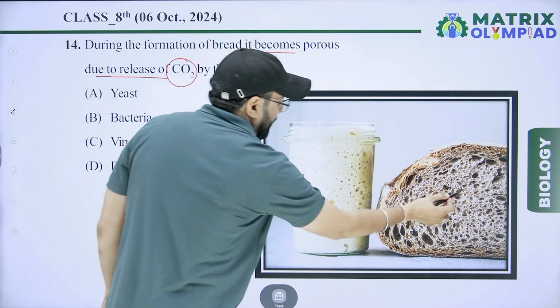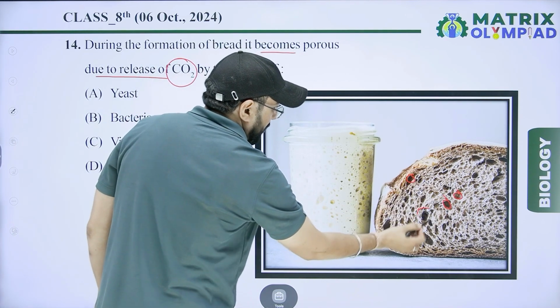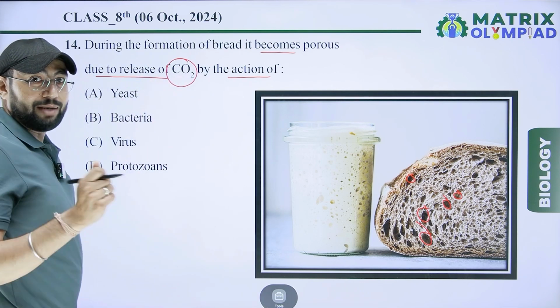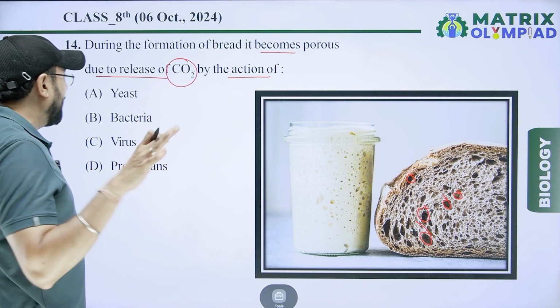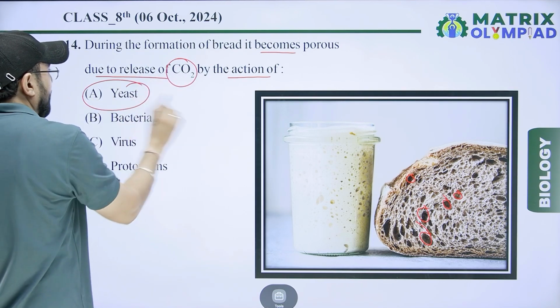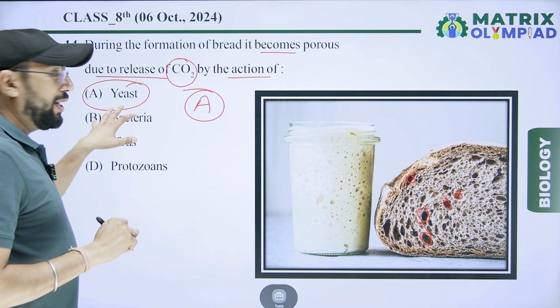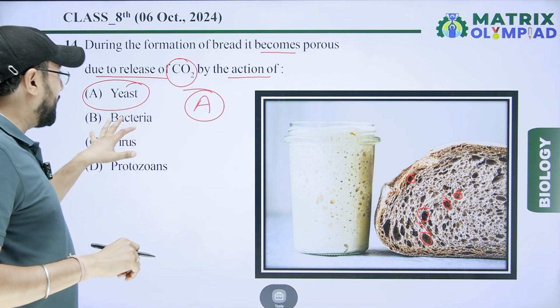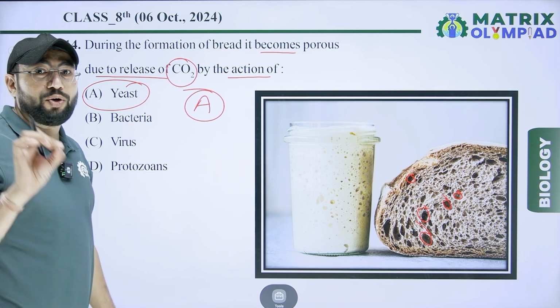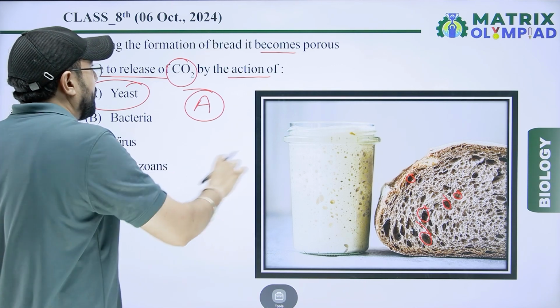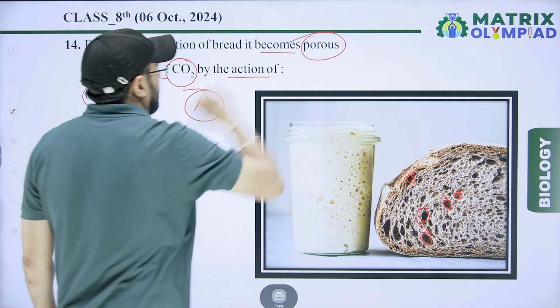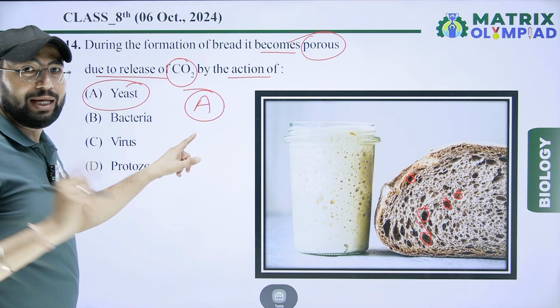This type of porous condition is caused by carbon dioxide release by the action of yeast. Our right answer is option A, because in anaerobic condition yeast releases CO2 and CO2 is responsible for this condition. So the right answer is option A.